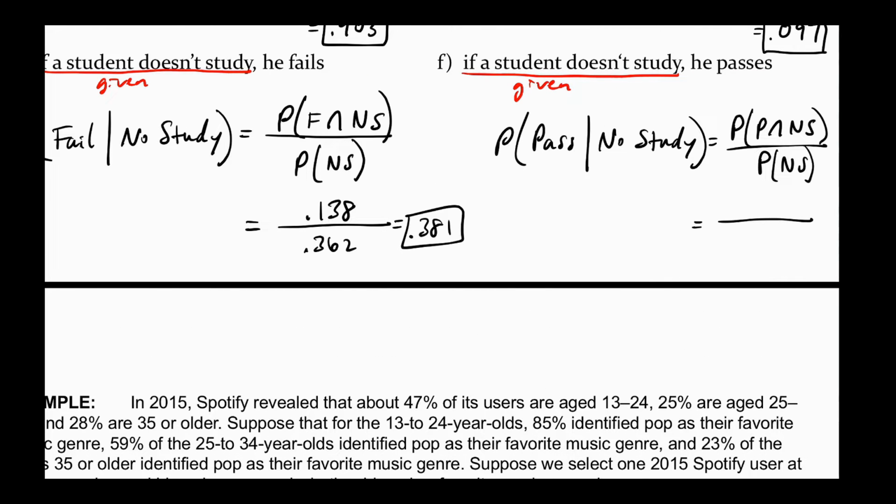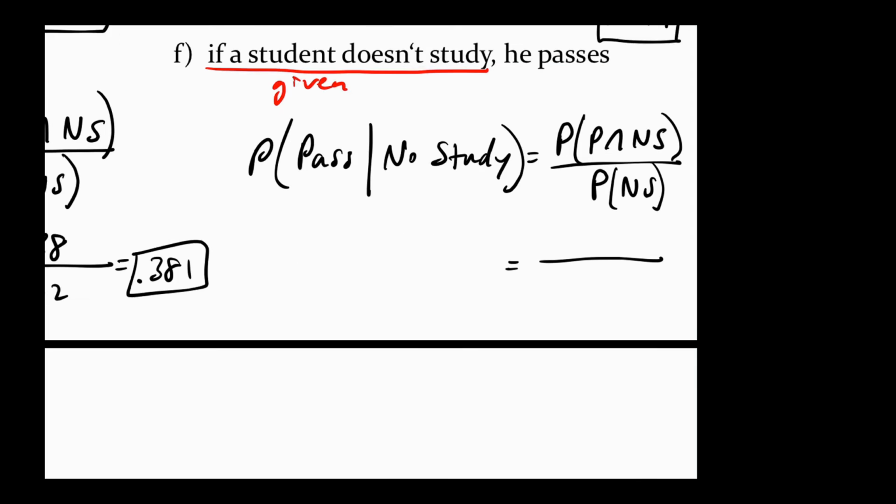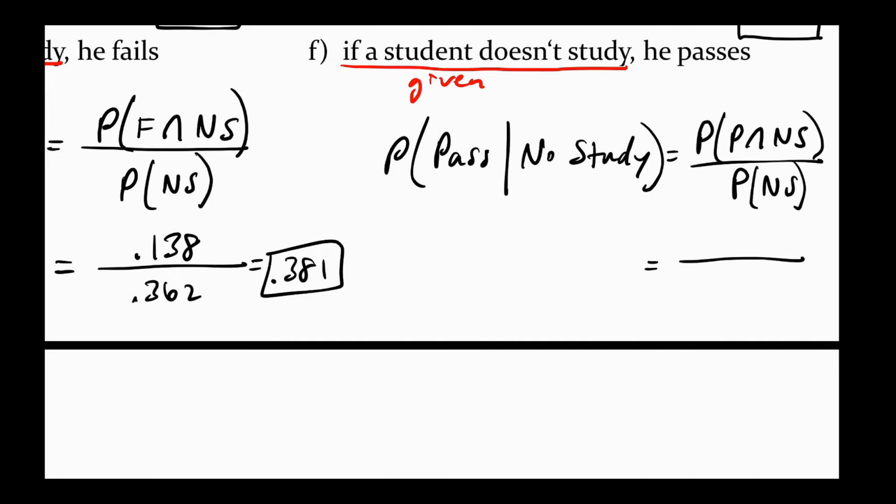And then pass with no study. Given no study, what's the probability they pass? Well, this number is still going to be 0.362 on the bottom because it's still probability of no studying, but passing and no studying is a different path.